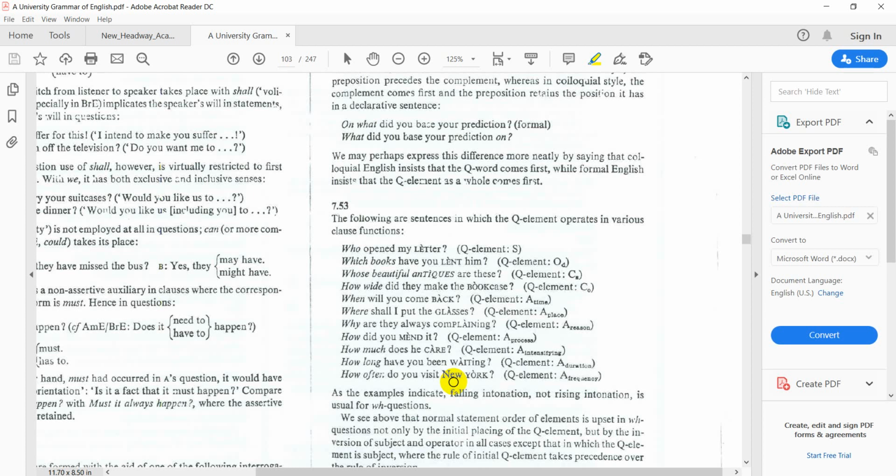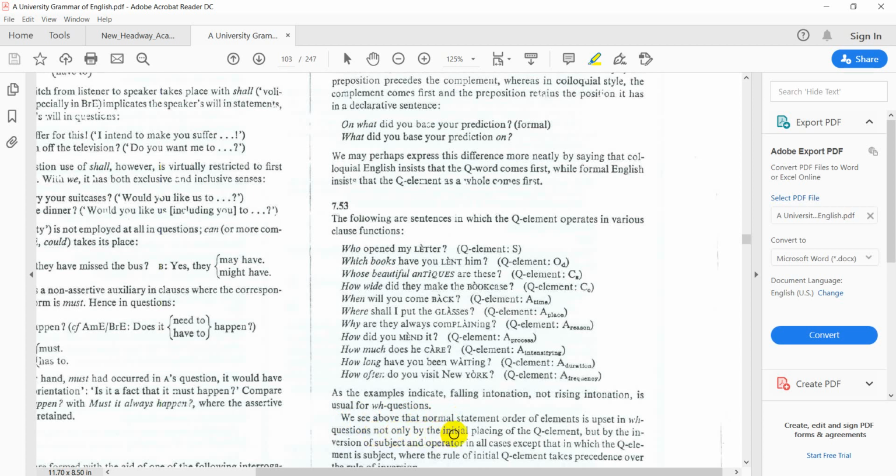So with yes/no questions, at the end of the question, before putting the question mark, we usually raise our tone, while with WH questions, we normally use a falling tone. As you see here in this vowel, it is a falling tone. So as the examples indicate, falling intonation is usual for WH questions.